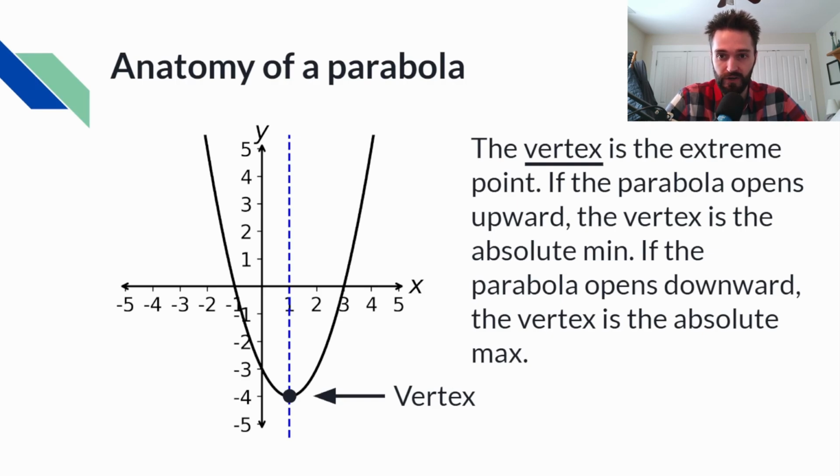I'll include a link in the description. So if the parabola opens upward, the vertex is the absolute minimum. But if the parabola opens downward, then the vertex is actually the absolute maximum. Okay? So the vertex is a special point that we want to hone in on and analyze.